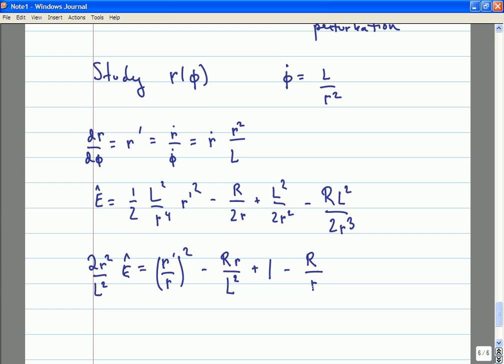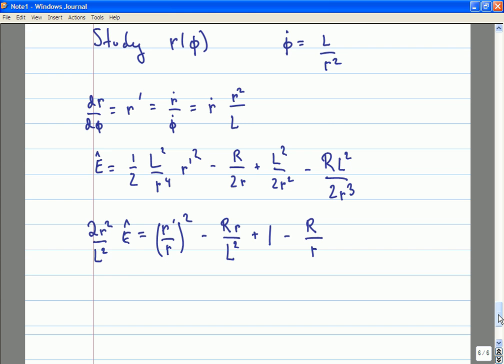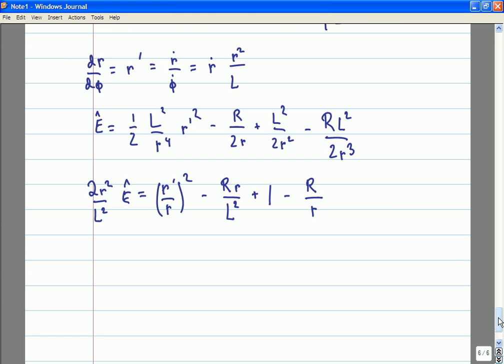The second trick that I would like to use is to take as my dependent variable, instead of the radius, 1 over the radius. This is a rather famous trick in the Kepler problem, and it's the same trick that I'm going to use here.